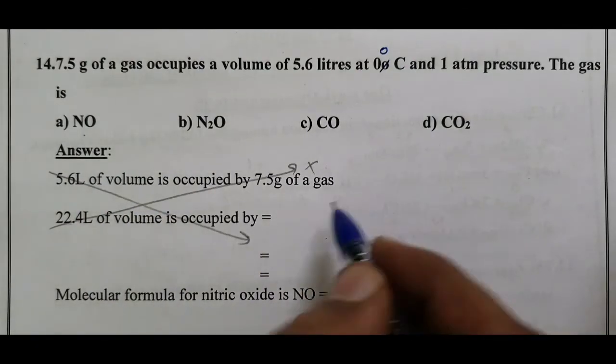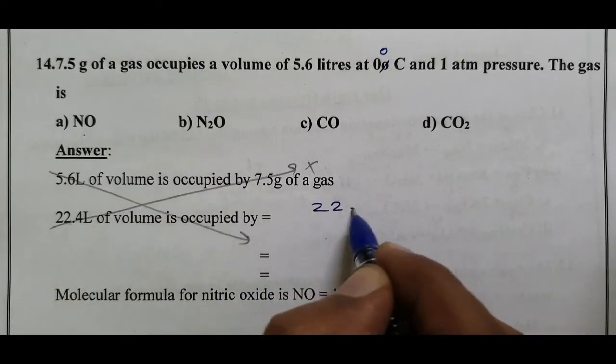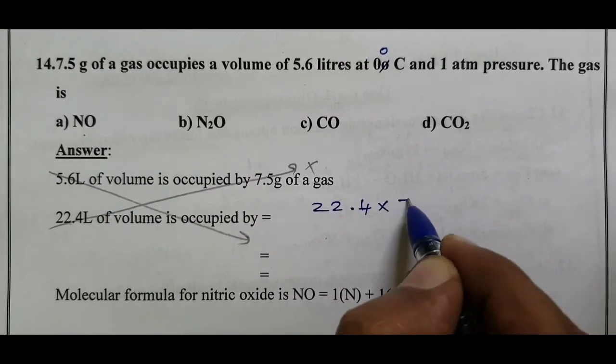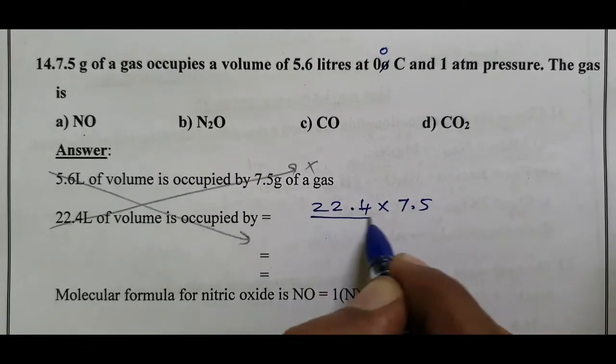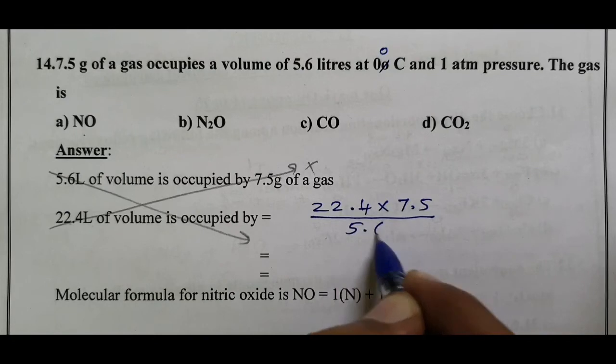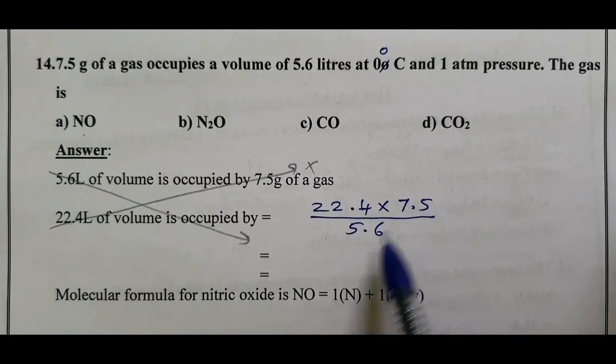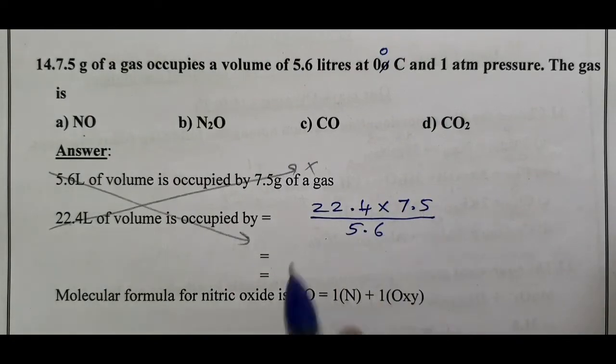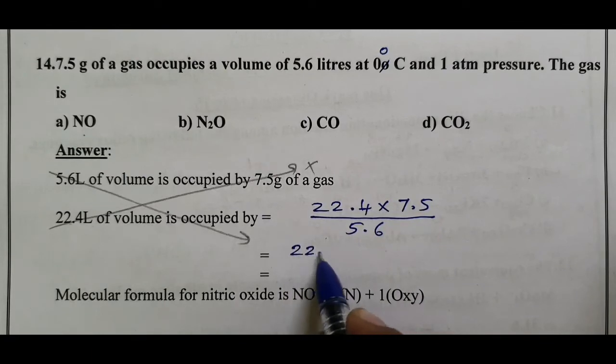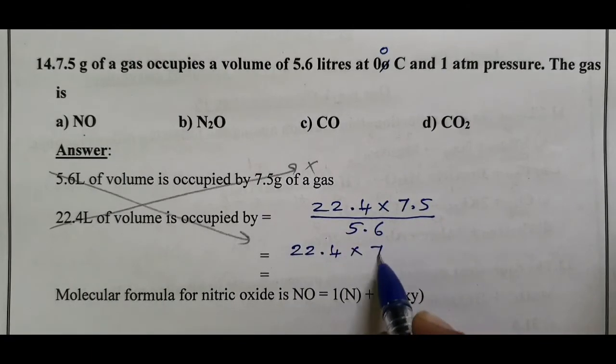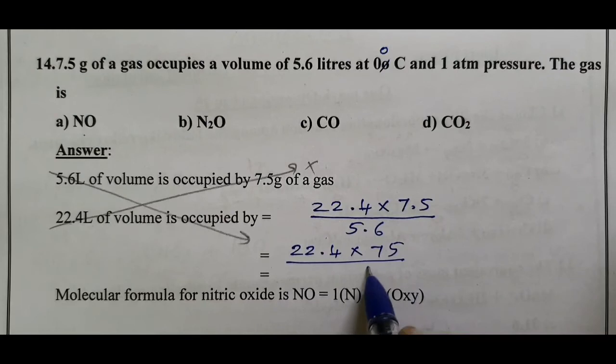When you cross multiply, you will get 22.4 into 7.5 divided by 5.6. Multiply these two values by 10, you will get 22.4 into 75 divided by 56.